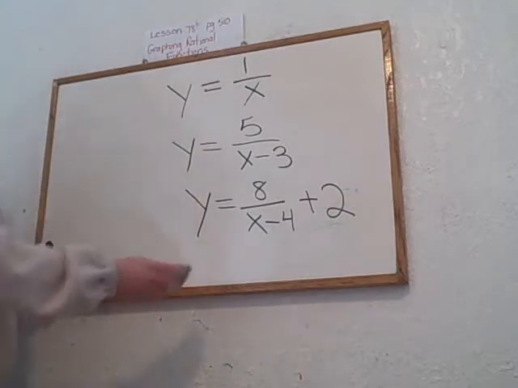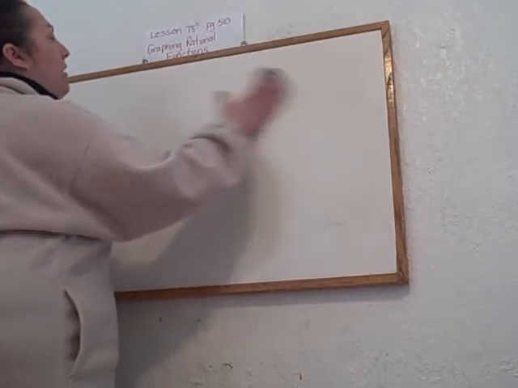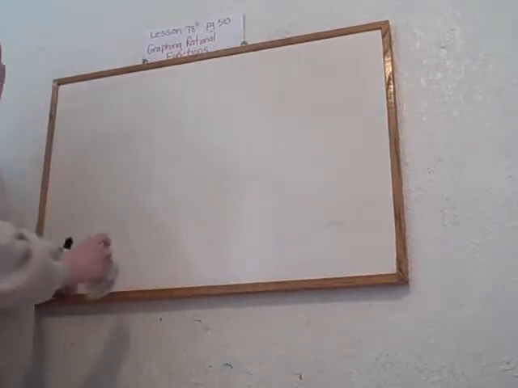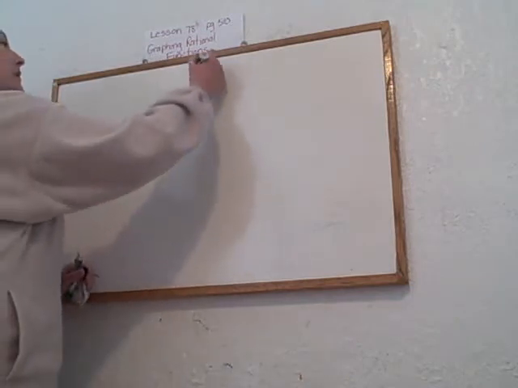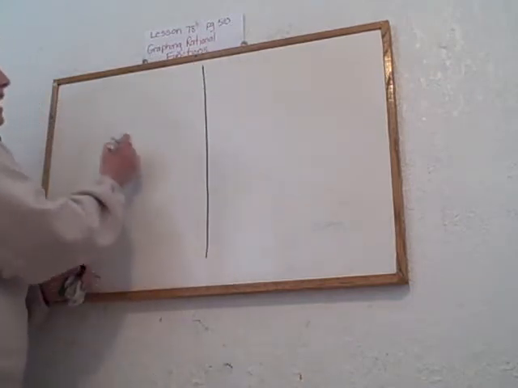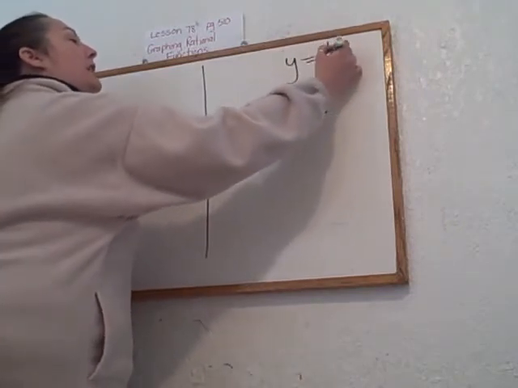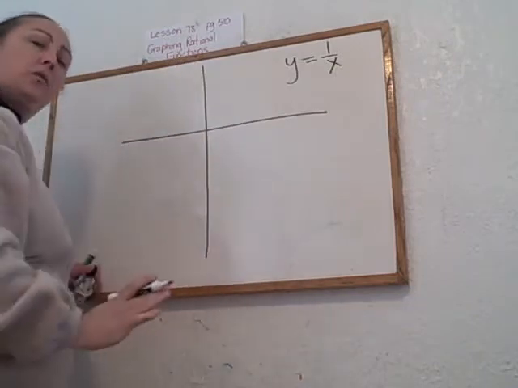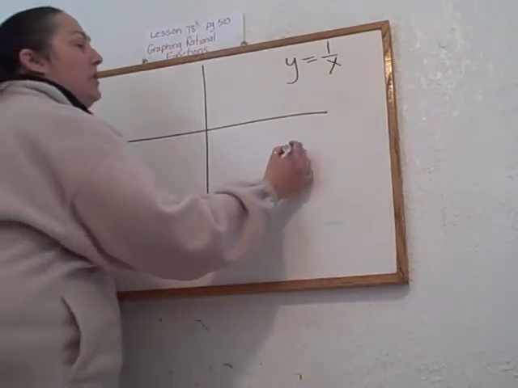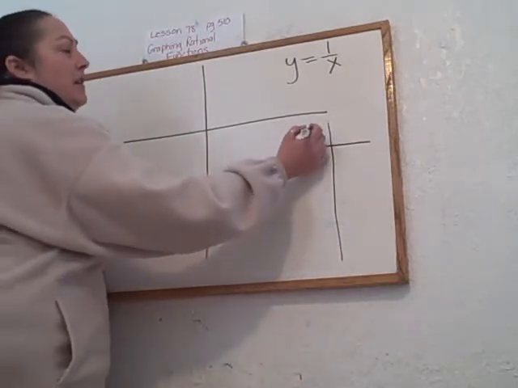An asymptote is an imaginary line in the xy coordinate system that a function never comes in contact with. If I am looking at the rational function y equals 1 over x, and I'm attempting to graph this on my xy coordinate system, I would use ordered pairs to get started.